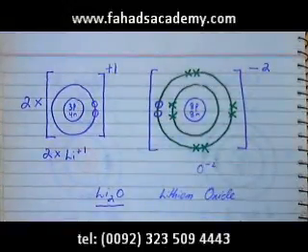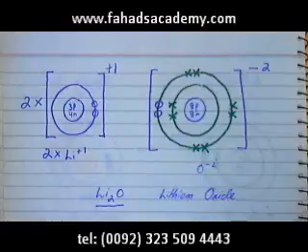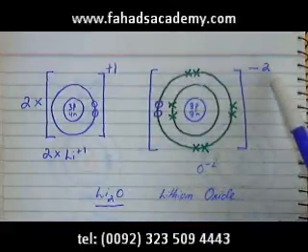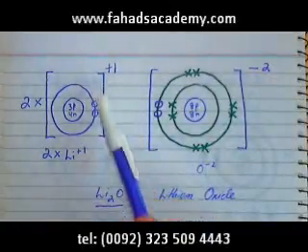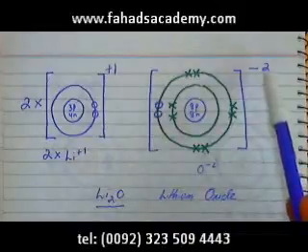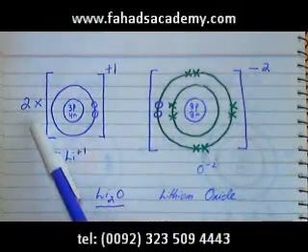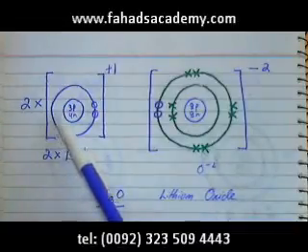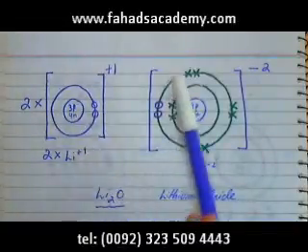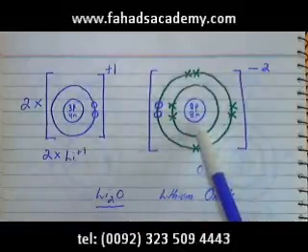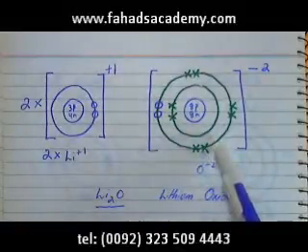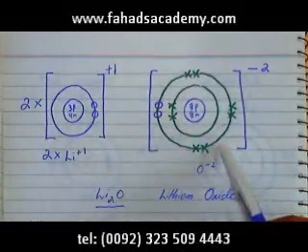Now you can also check the other method of figuring out how many atoms of a particular element there should be in one compound. Oxygen had a charge of -2, lithium had a charge of +1, and I told you the simple trick is just bring the 2 over here, multiply. There would be 2 lithium atoms, each one losing one electron to form lithium ions, and since this is 1, there would be one oxygen atom, and one oxygen atom would be gaining 2 electrons to complete its outer shell.